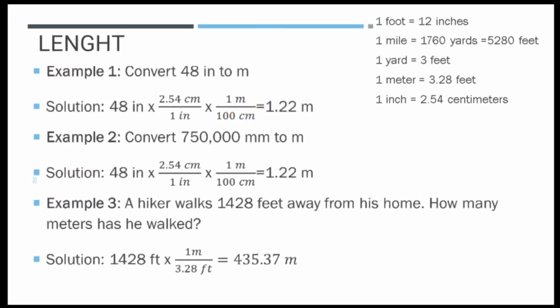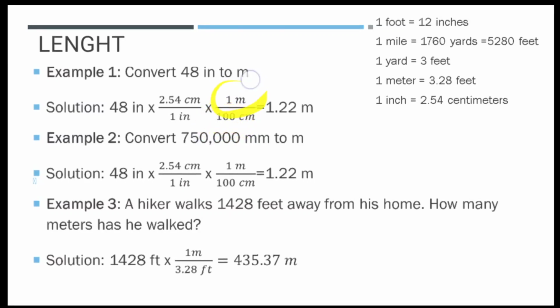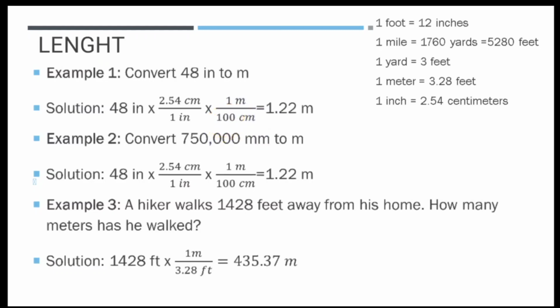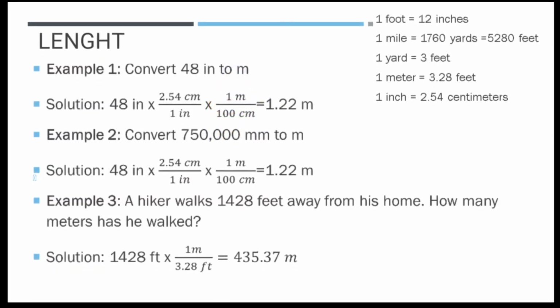We all know that 100 centimeter is equal to 1 meter. So in this case, we will put 100 on the denominator and 1 meter on the numerator.